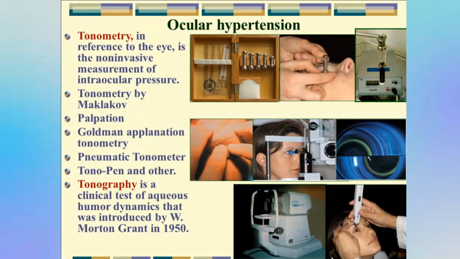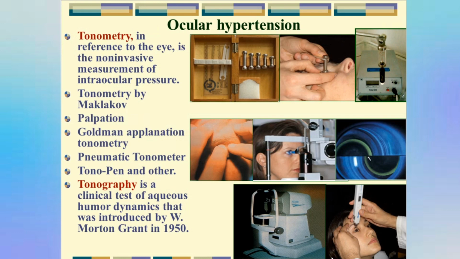Of course, you know that one of the most important signs of glaucoma is ocular hypertension, and tonometry is one of the most important methods of examination.